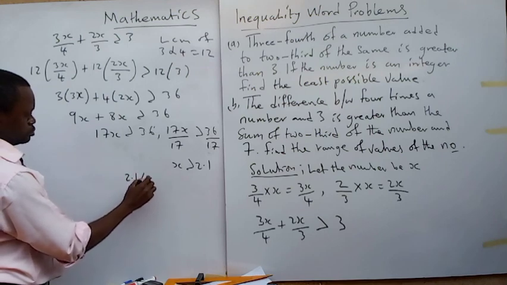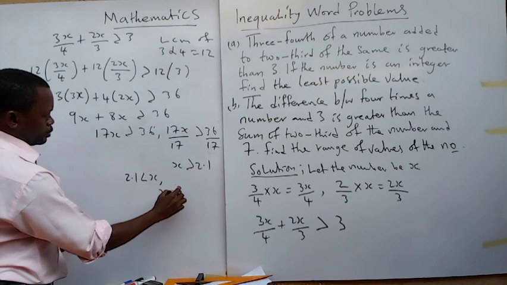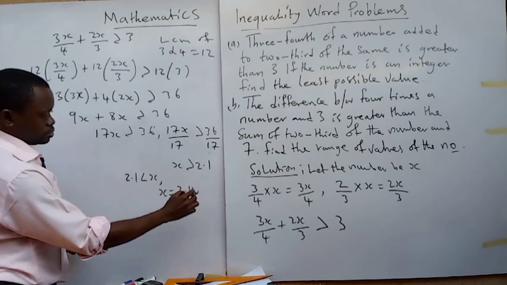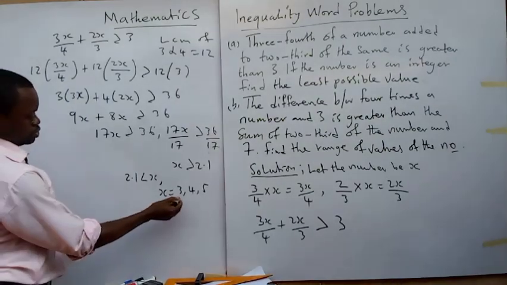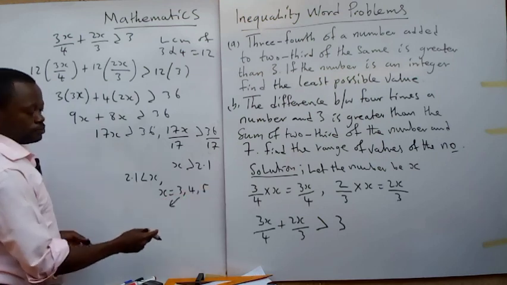it then means that x, which is greater than 2.1, will be either 3, 4, 5, and so on. And of course, 3 is the least possible value among them.